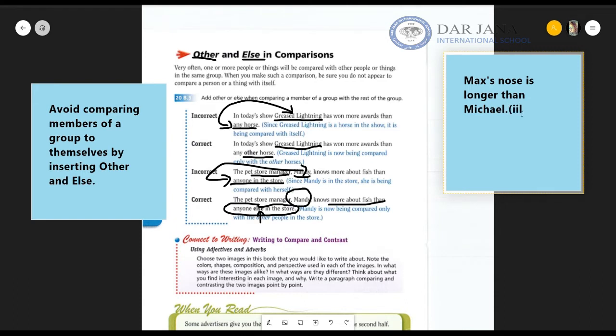So this is illogical comparison. And how do I fix that? I can add "Michael's nose," or I can add "Michael's," or I can add "that of Michael."